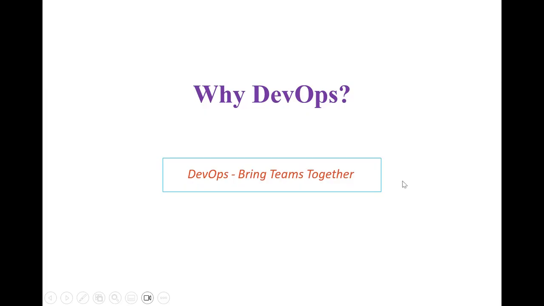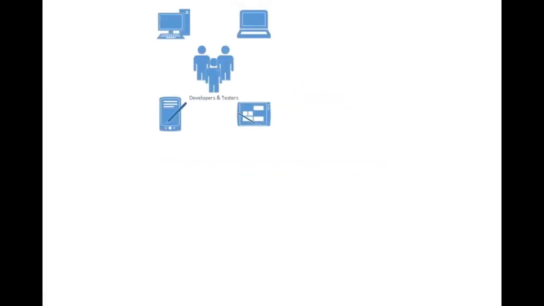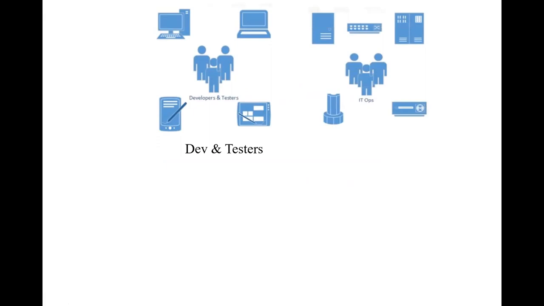So DevOps brings teams together. Developers and testers coordinating with operation teams. But how do you coordinate or communicate among all these teams during the release process?